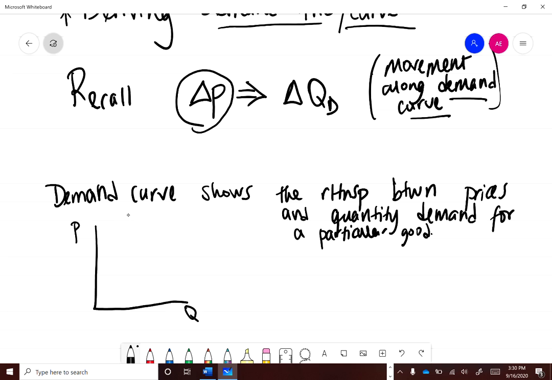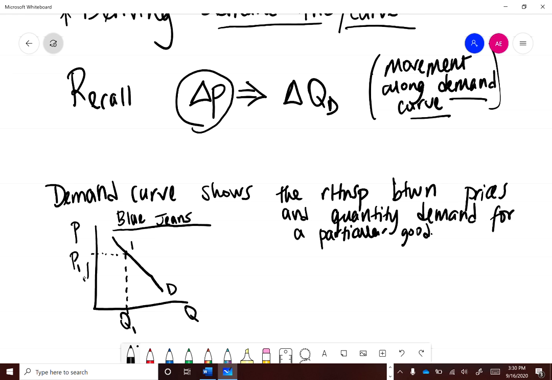So if this is a market for blue jeans, right? Our demand curve, which is downward sloping, will show us how price, so as P1, and quantity, Q1, are related to each other.